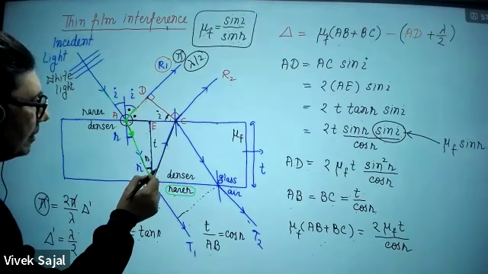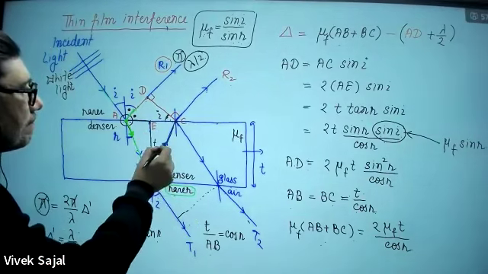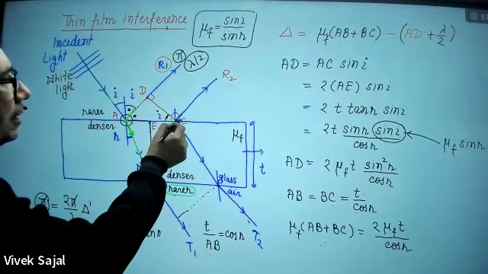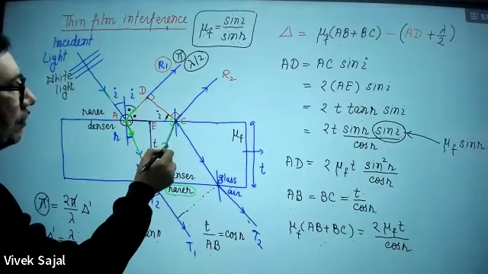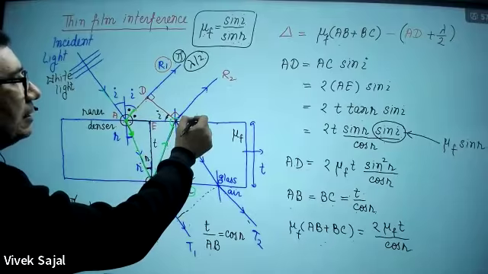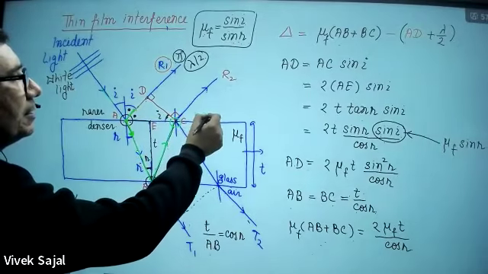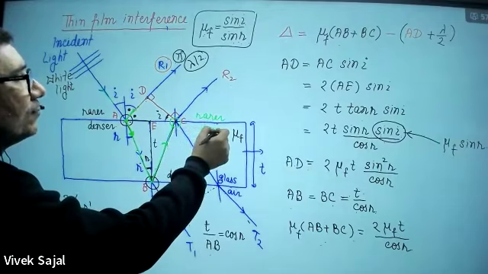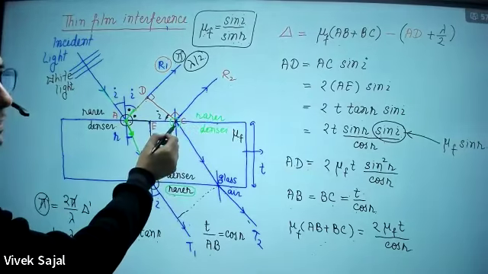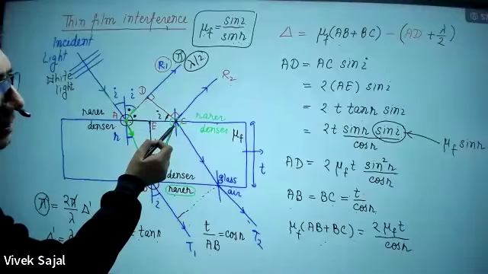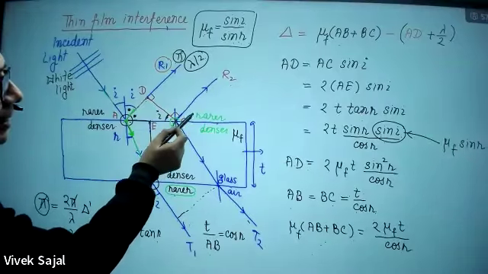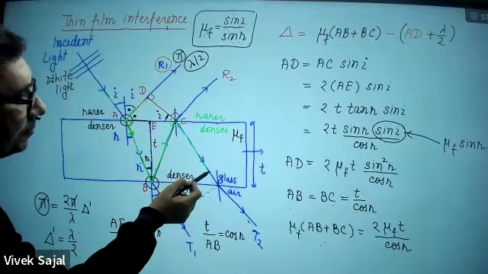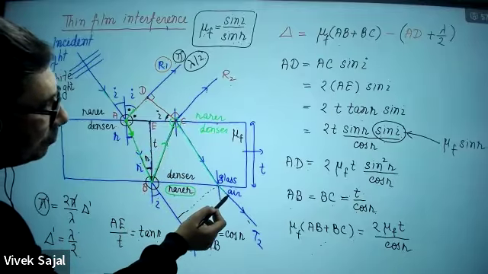It will move like this, and here at this point, again, light is traveling from here to here. So this is the rarer medium, this is air, and this is denser. So this third reflection is taking place at the rarer medium. So no extra phase here. And light is moving like this.